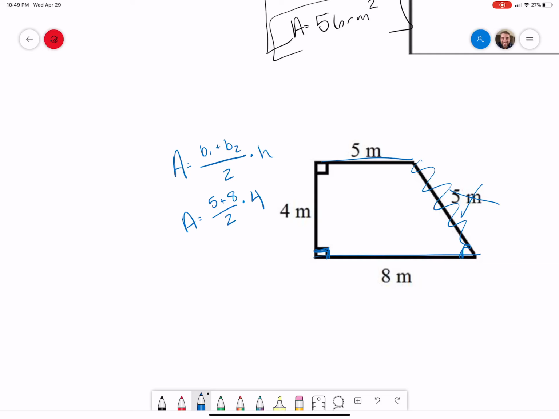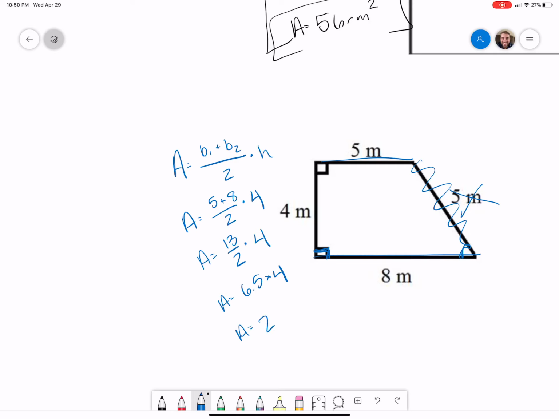So let's add them together. So area equals, 5 plus 8 is 13. 13 divided by 2 multiplied by 4. So 13 divided by 2 is 6.5. So 6.5 times 4 is, you can use your calculator to help you.